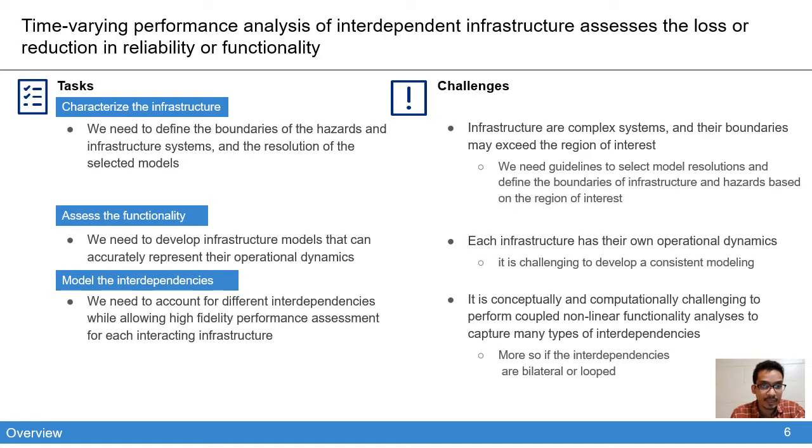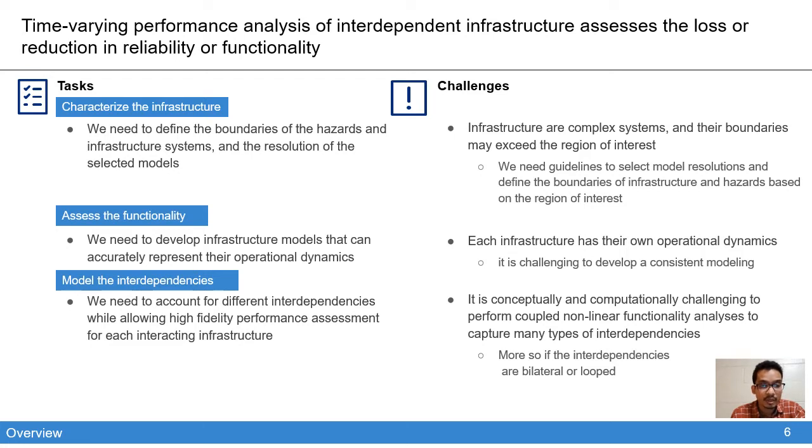Time-varying performance analysis of interdependent infrastructure assesses the loss or reduction in reliability or functionality. Here we have three main tasks. First is to characterize the infrastructure, where we need to define the boundaries of the hazards and infrastructure systems and the resolution of the selected models.